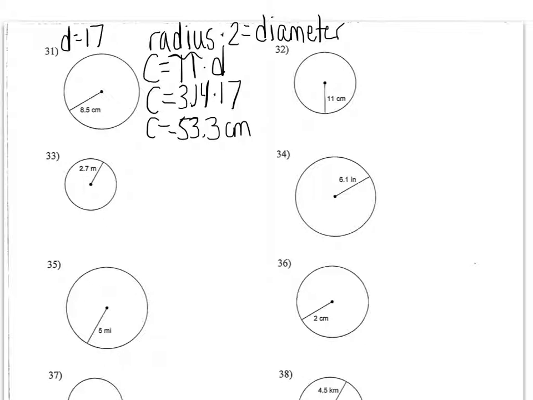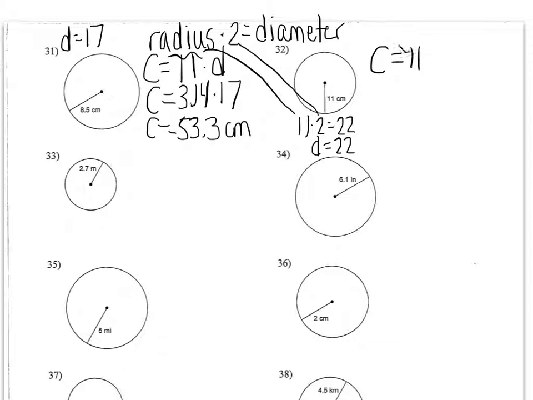Alright, for number 32, let's figure out the diameter first. Maybe that'll make it a bit clearer. So our radius is 11. We know we have to multiply that by 2. So 11 times 2 gives us our diameter, 22. Let's plug it in our formula.